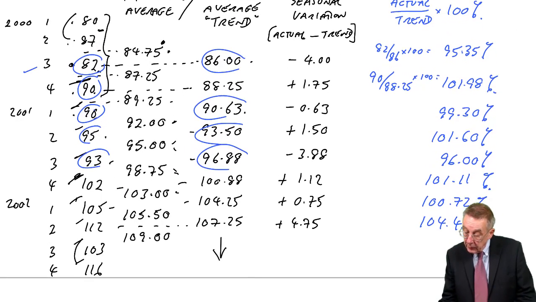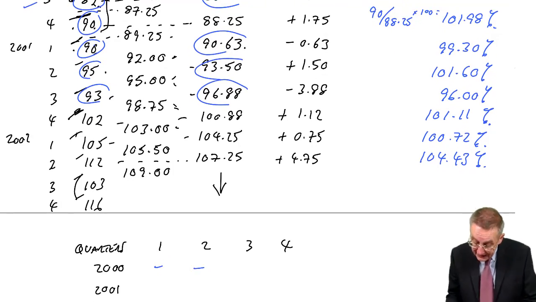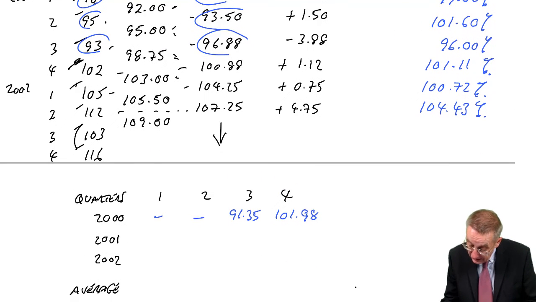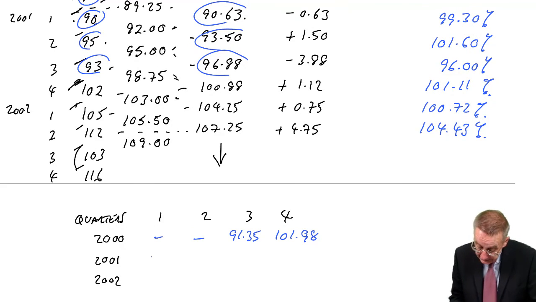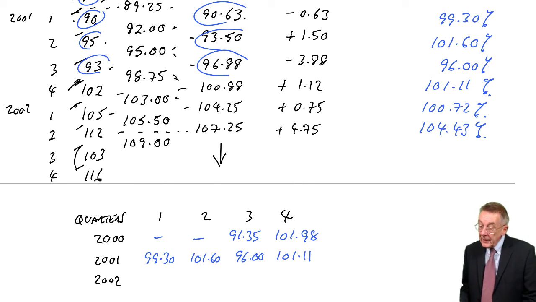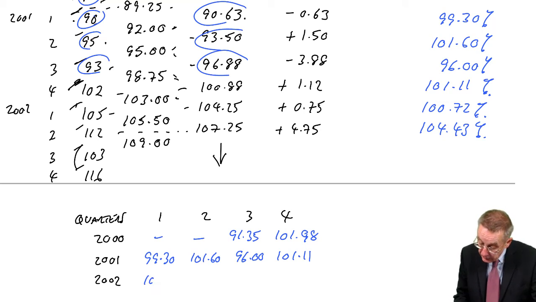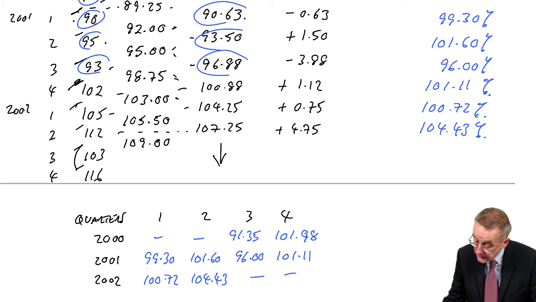For the next two, 95.35, 101.98. The next year, 99.3, 101.6, 96, 101.11. And the final year, 100.72, 104.43, nothing for the last two quarters.